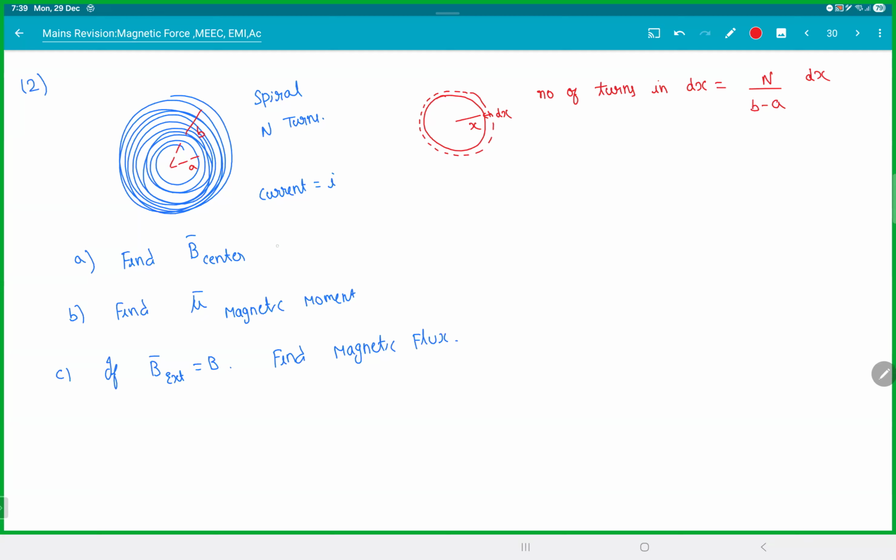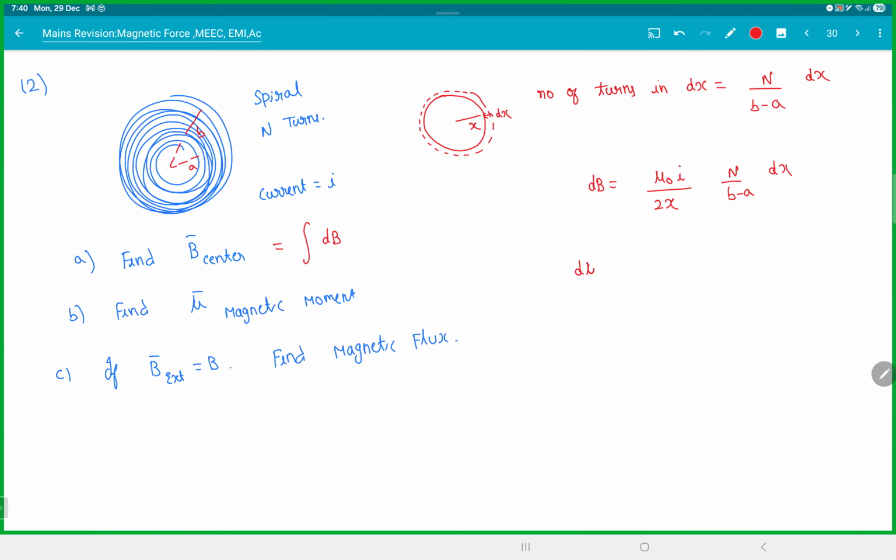What do you want to find? Magnetic field. So this will be an integral. The magnetic field due to this ring will be dB equals mu naught I by 2r, which is 2x, into the number of turns, N by b minus a, dx. Integrate this, you'll get the answer.